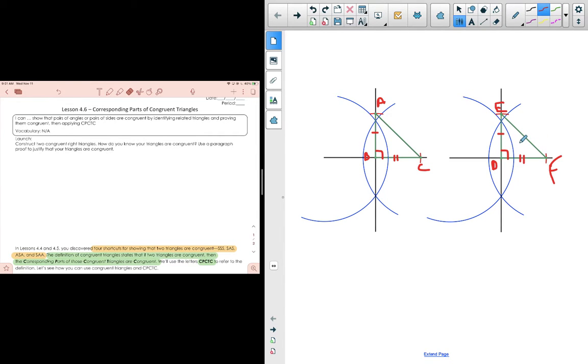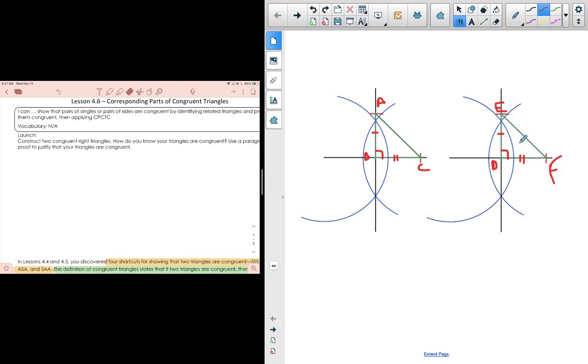But if you look over here on the left, I'm going to write our paragraph proof for this. So what we know is that side AB is congruent to ED, and we know that because we duplicated the same side there.